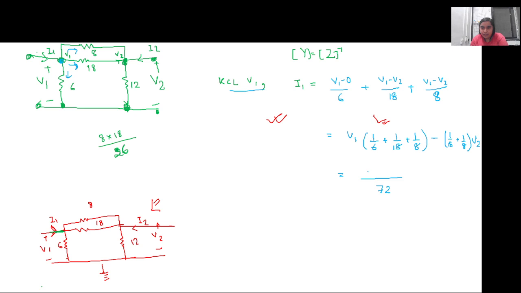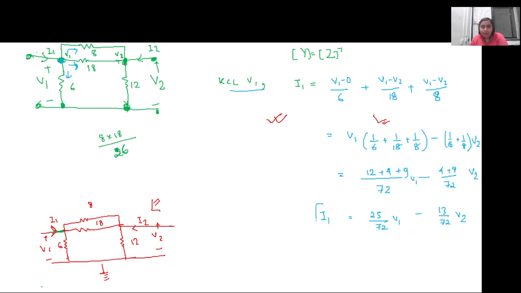So 6 times 12, 18 times 4, and 8 times 9. This will be equal to 25 by 72 V1 minus 13 by 72 V2. So I1 is written in terms of V1 and V2.